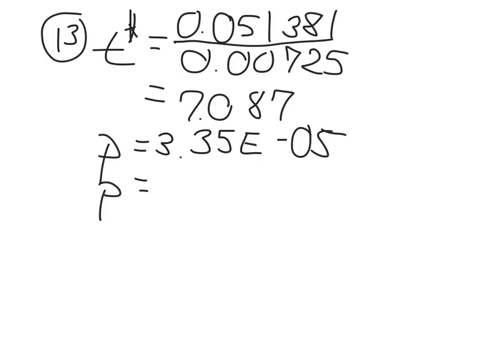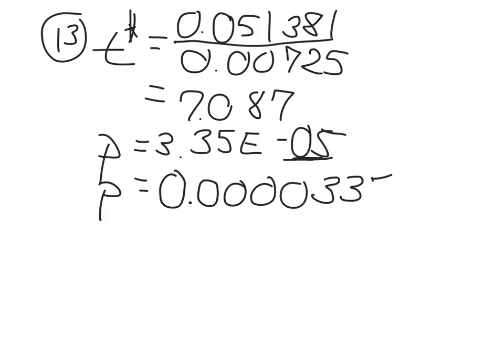When you have scientific notation like this, you start out with 0 point, and then you have one less 0 than you have over here. So you've got 0.5 there, so you're going to have 4 zeros: 1, 2, 3, 4, and then 3, 3, 5. So you see that number is very small and very close to 0.